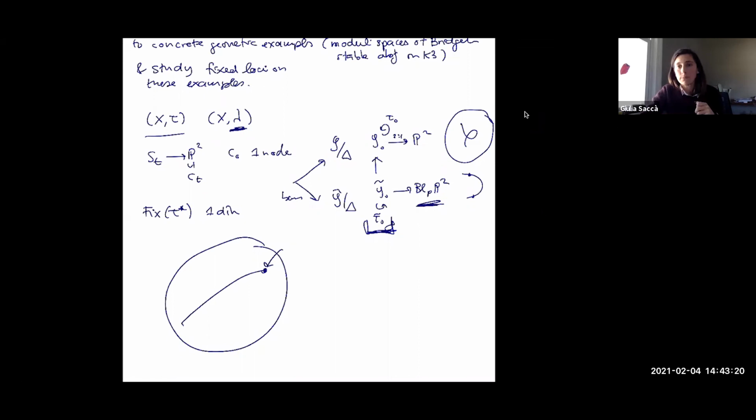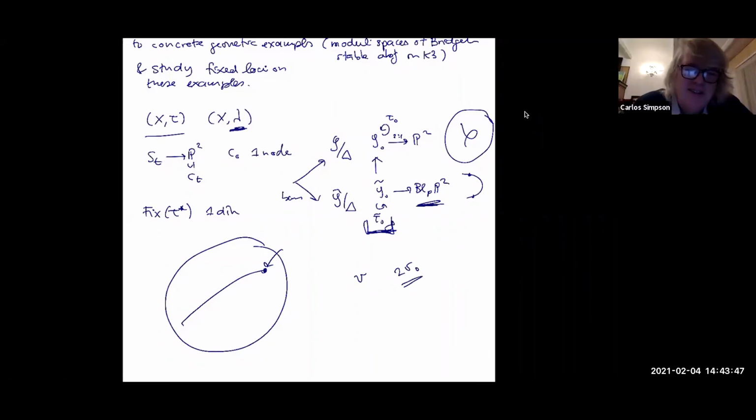In fact, you also get O'Grady 10 type moduli spaces if the Mukai vector is not primitive. This is exactly what happens for K3s, and the same happens for Gushou-Mukai fourfolds and sixfolds.